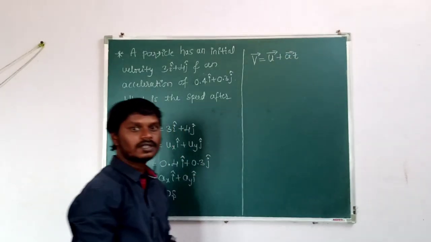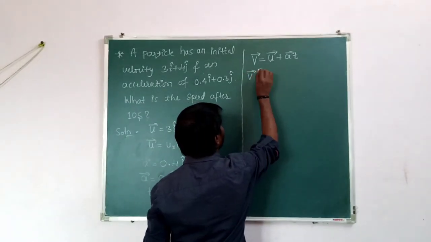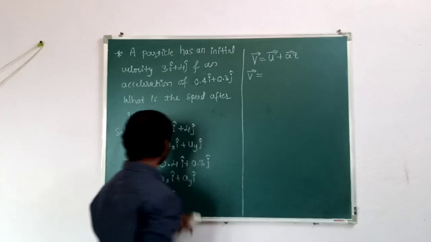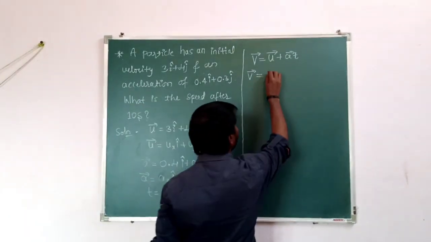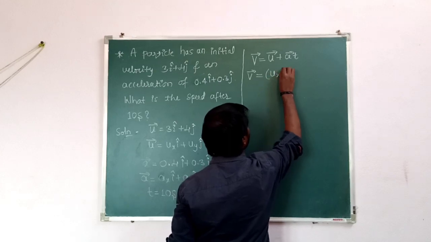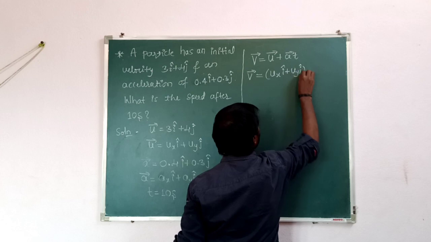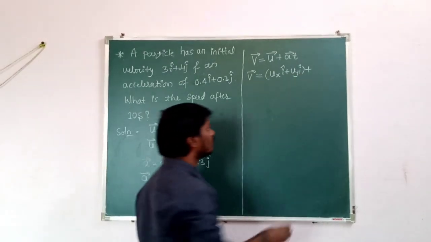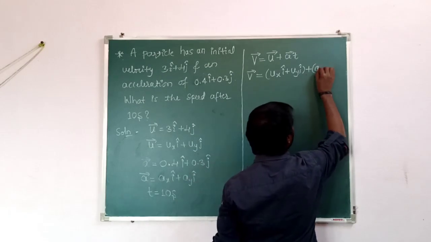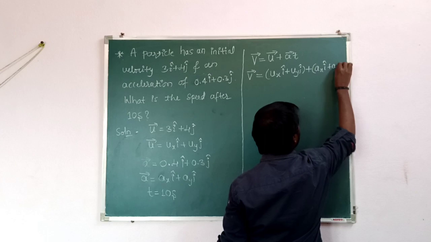See here, vector v is equal to u, which is nothing but uxi plus uyj, then vector a, that is axi plus ayj, into time.